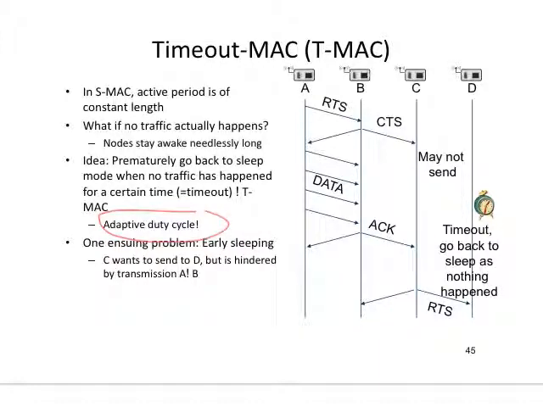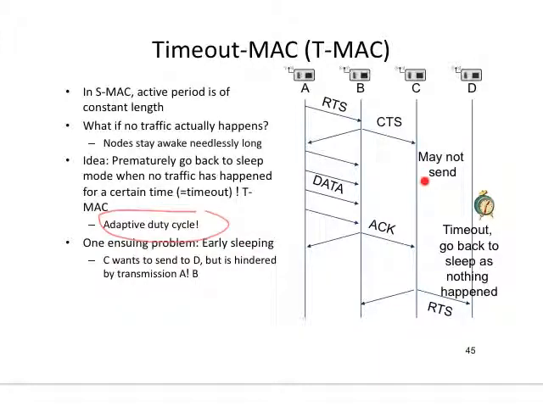It tells C that you should not go to sleep mode prematurely because there is activity happening on the network. And you should not try to send to D at this point because somebody else is trying to send. And this whole thing contributed to the fact that D will not receive anything, and then it will time out prematurely to save energy and change its own duty cycle.